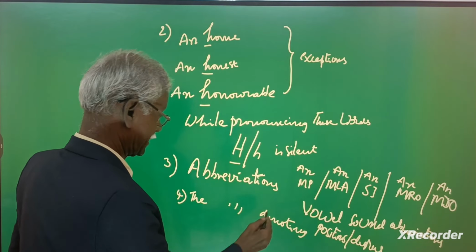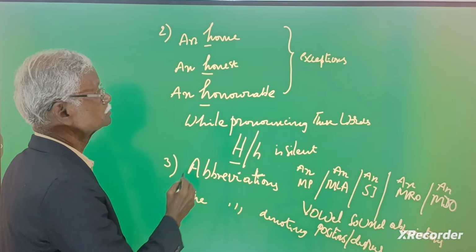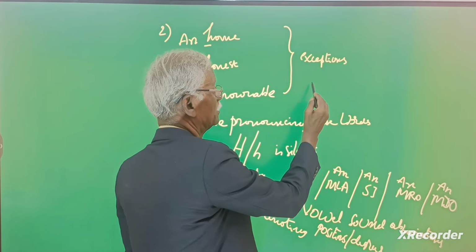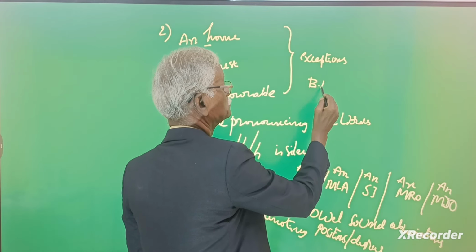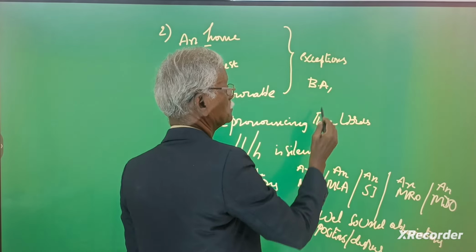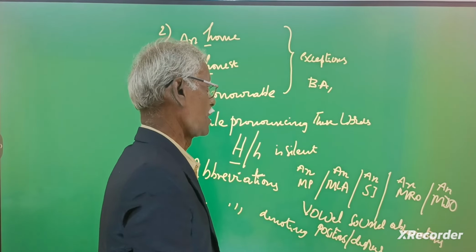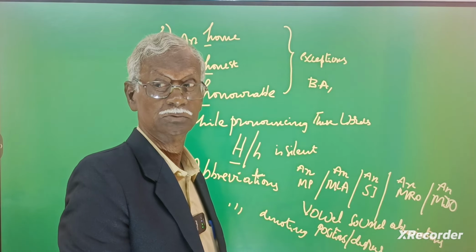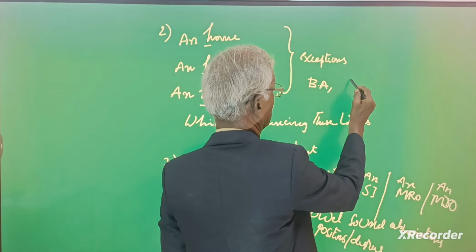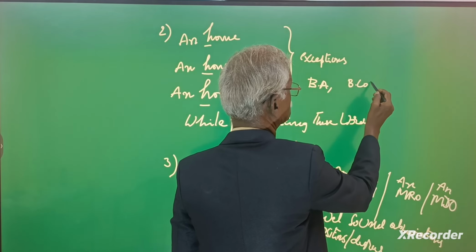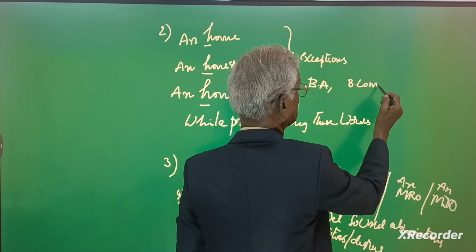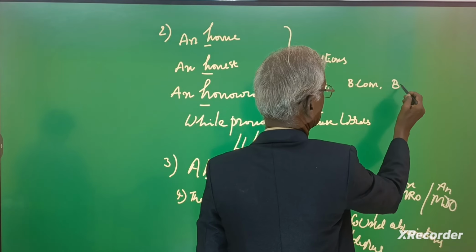For example, BA. BA means Bachelor of Arts. This is a degree course, a three-year degree course. Next, BCom. Next, BSc.